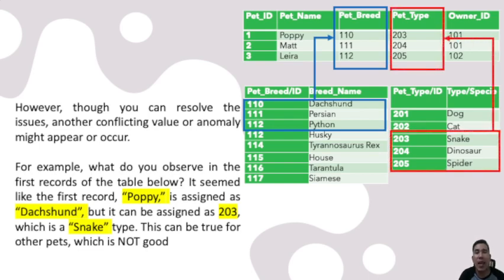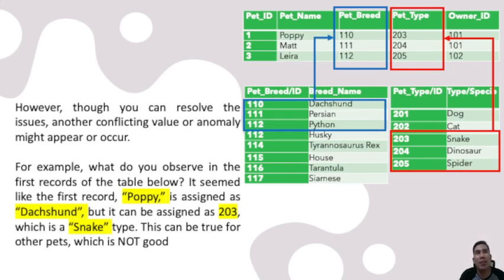Because we can assign the Dachshund any type we want. As you can notice, the Dachshund, whose pet name is Puppy, has a pet breed of 110, which is a Dachshund, but in the pet type, the assigned foreign key is actually 203, which is a snake. The Persian is assigned as a dinosaur. And Lyra, which is a python, is assigned a type of spider.